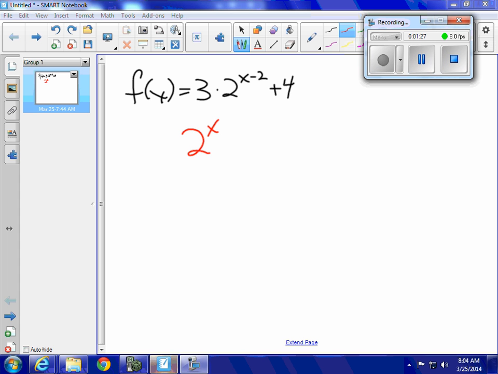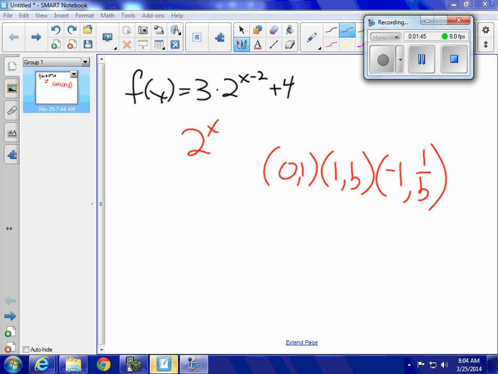So the next question is, tell me 3 points that you immediately know will be on the graph of the parent function, the basic exponential function. 0, 1; 1, b; negative 1, 1 over b. Those should just be ingrained in your memory.